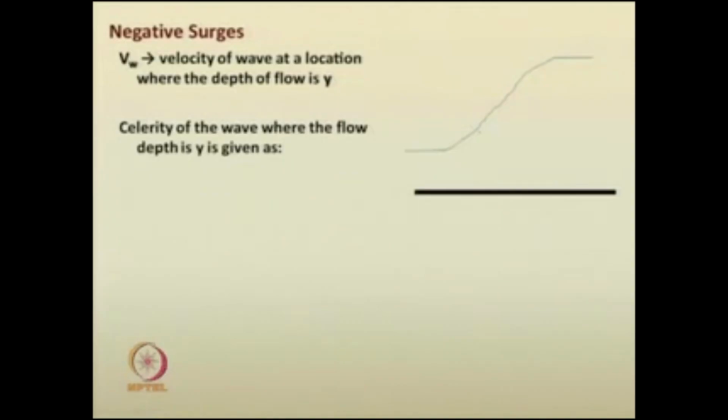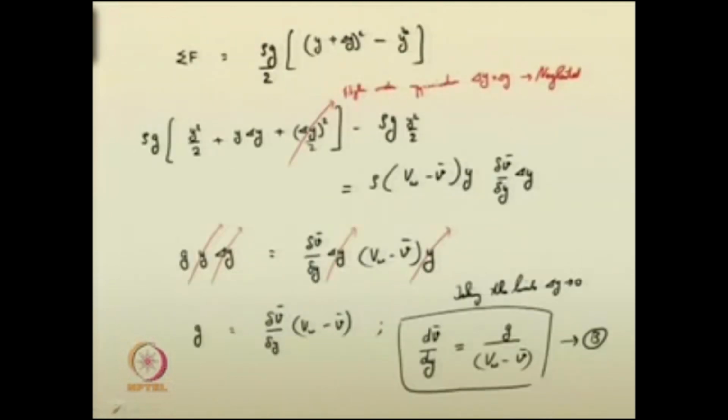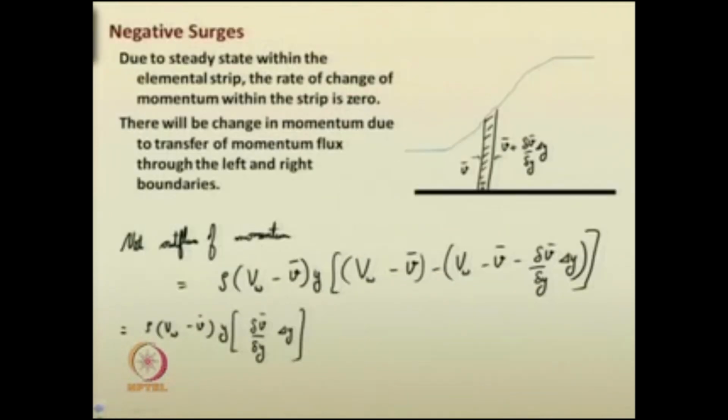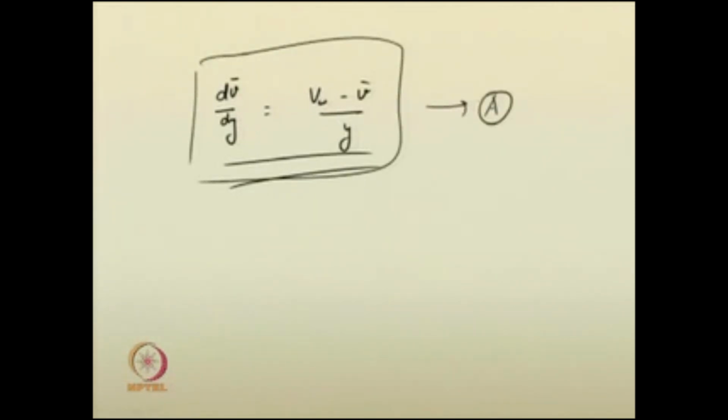So, it depends on the depth y. Similarly, the velocity of wave V w also depends on that depth y. So, for the same elemental strip, we have seen equation A, and equation B.